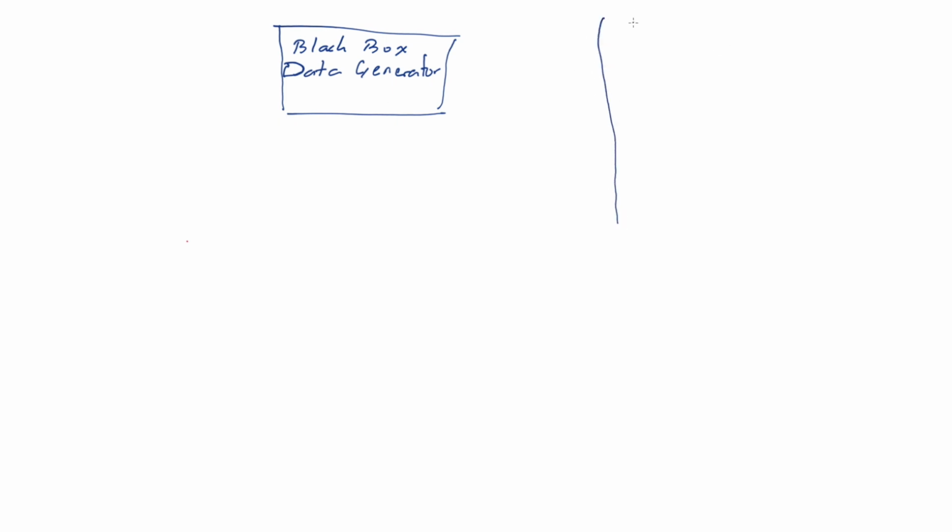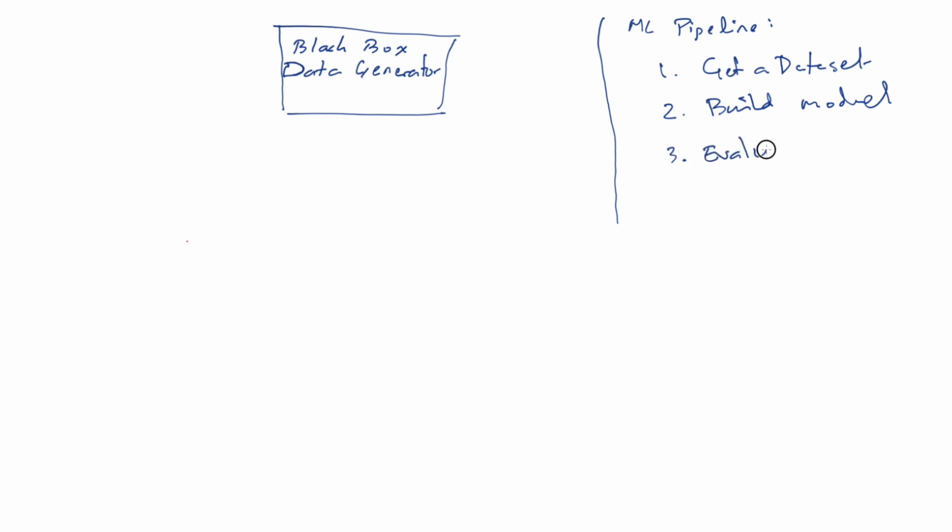The machine learning pipeline is: I get a data set, I build a model, then I evaluate the model somehow using cross-validation or whatever, and then the fourth step is to use the model in the wild. This is the basic process. What I'm focusing on here is the first step. What does it mean to get a data set?